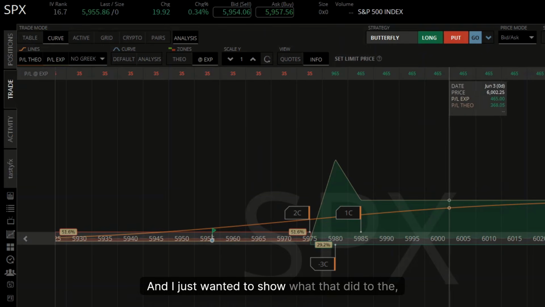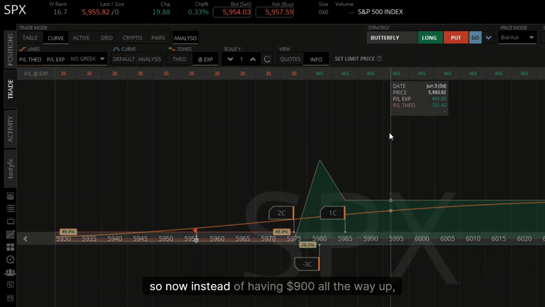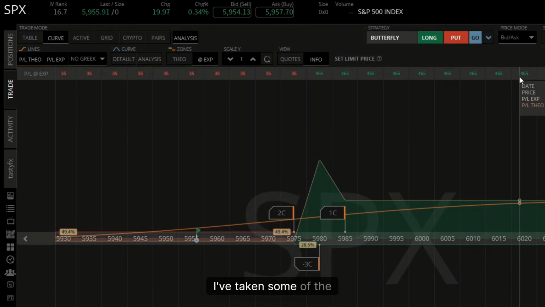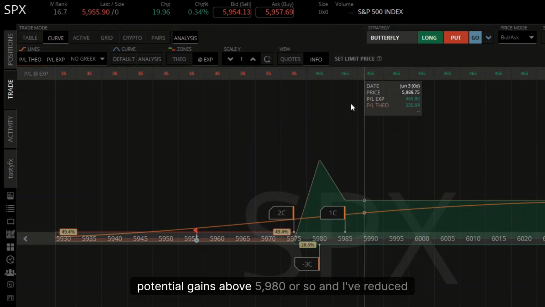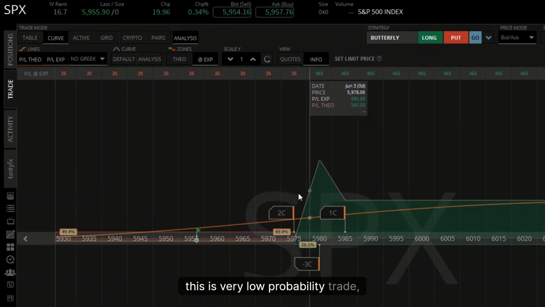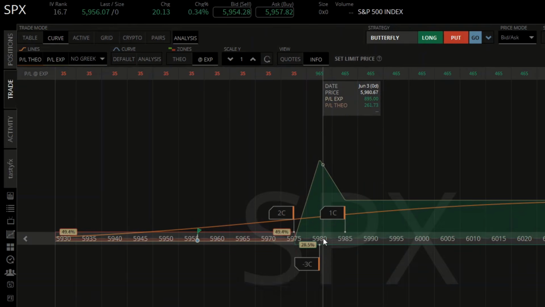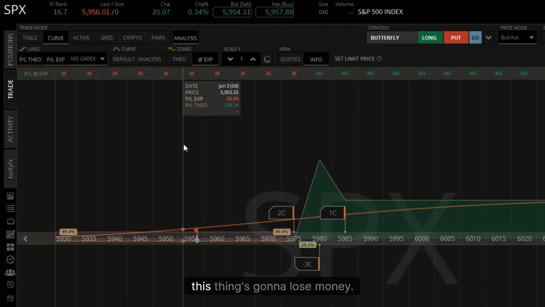And I just wanted to show what that did to the risk profile. So now instead of having $900 all the way up, I've taken some of the potential gains above 59.80 or so, and I've reduced my max loss risk by a little bit. So again, this is a very low probability trade, meaning I have to have the market move in the next couple hours or this thing's going to lose money.